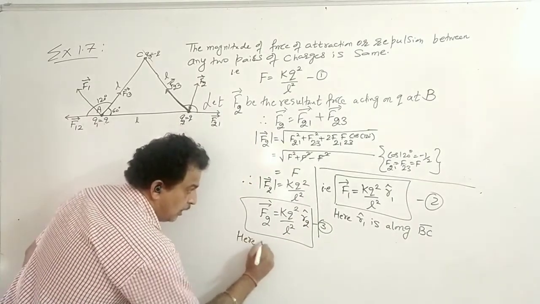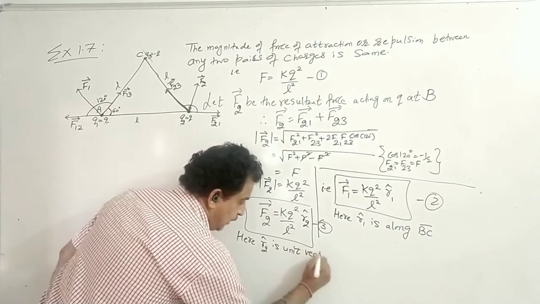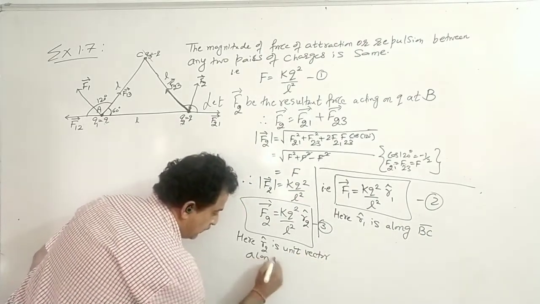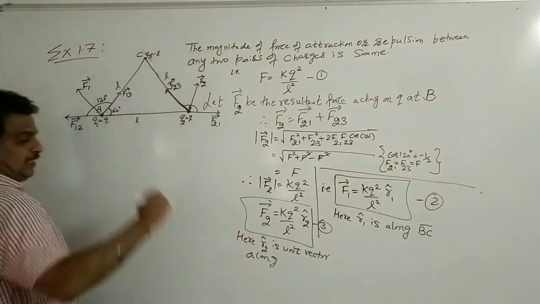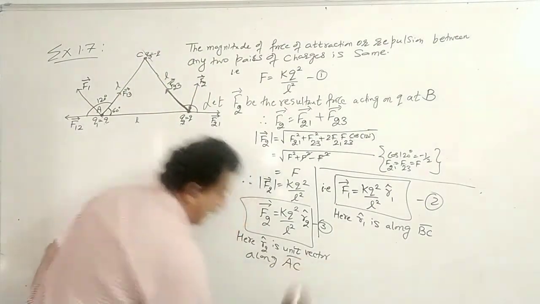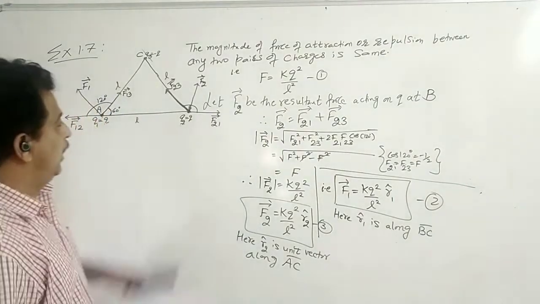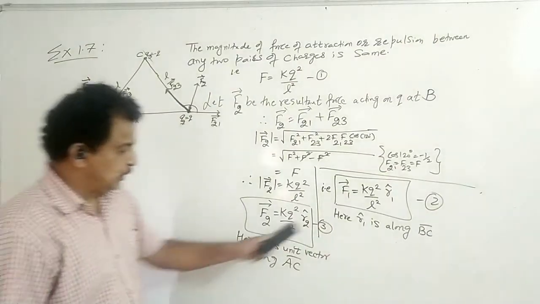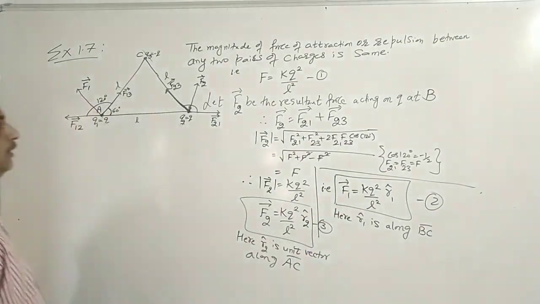Here R2 cap is a unit vector along AC, because this F2 comes out to be parallel to AC. So this is the force acting on the charge at B. Now if you see, the magnitude is the same but the direction is different.